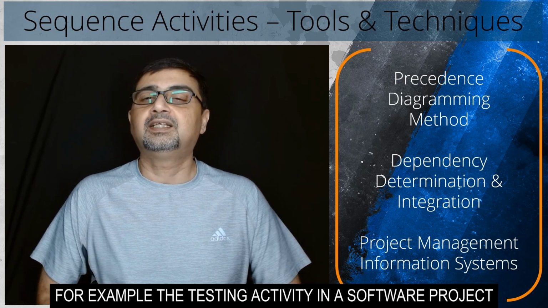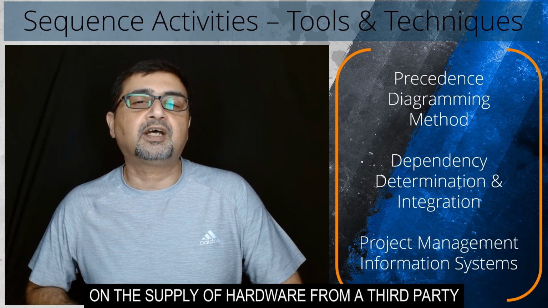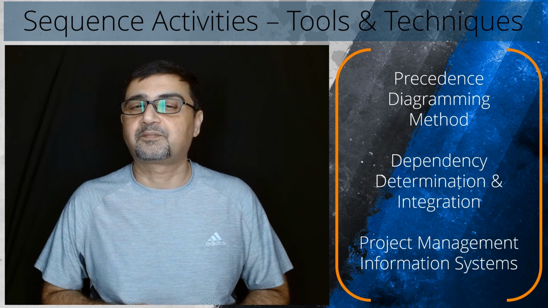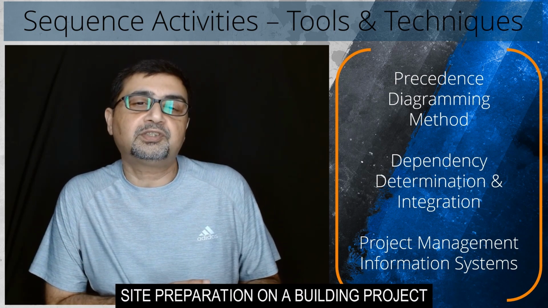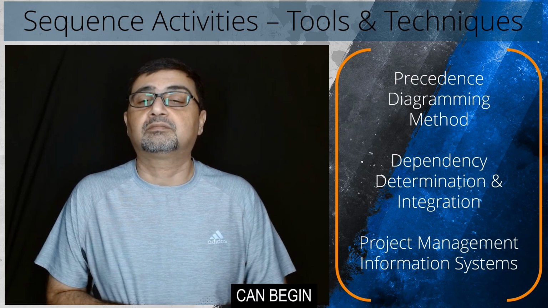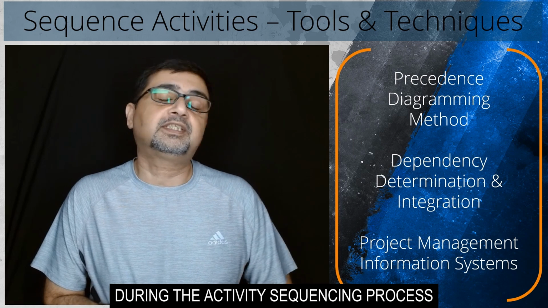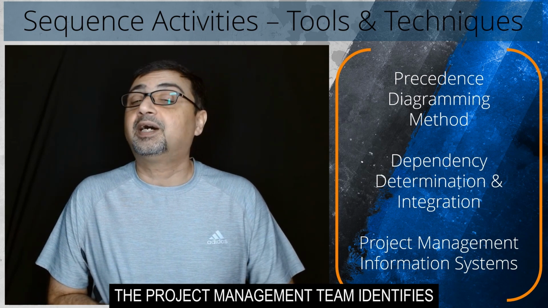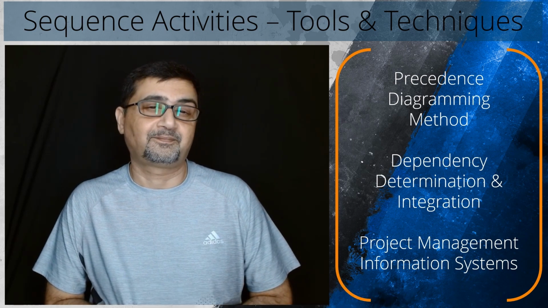For example, the testing activity in a software project may be contingent on the supply of hardware from a third party, or regulatory environmental hearings may be required before site preparation on a building project can begin. During the activity sequencing process, the project management team identifies which dependencies are external.